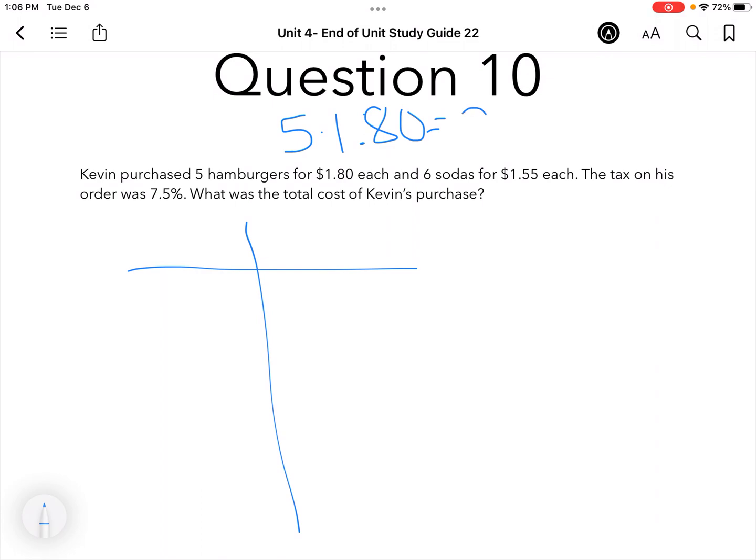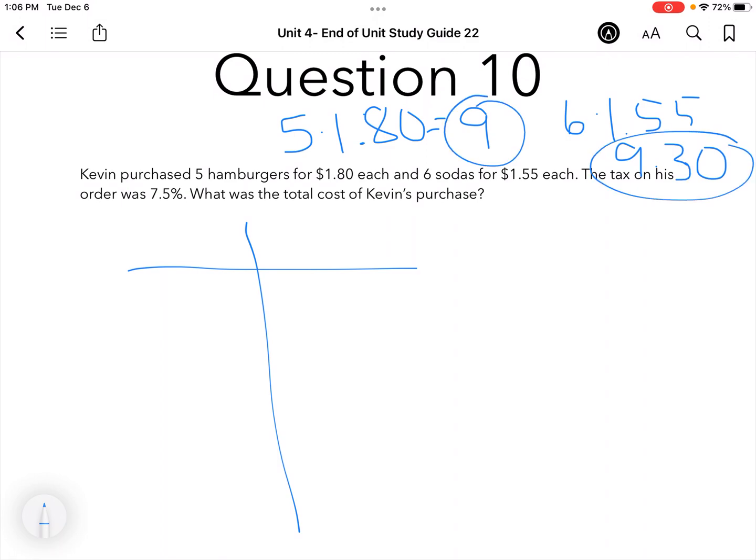And I get 9. And then I'm going to do 6 times $1.55, and I get $9.30. So 9 plus $9.30 is going to give me $18.30, and that's 100%.